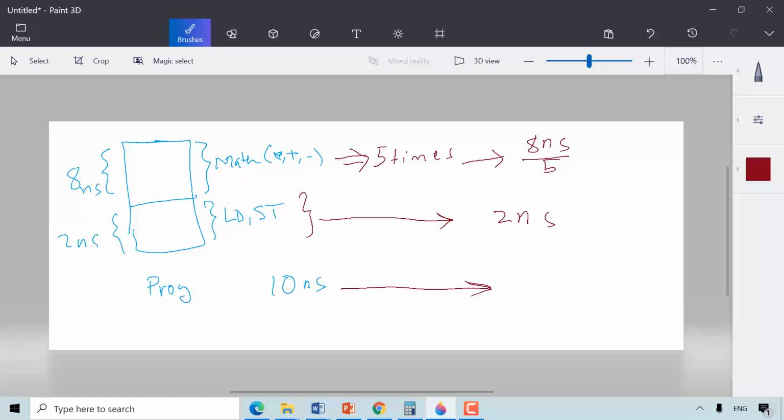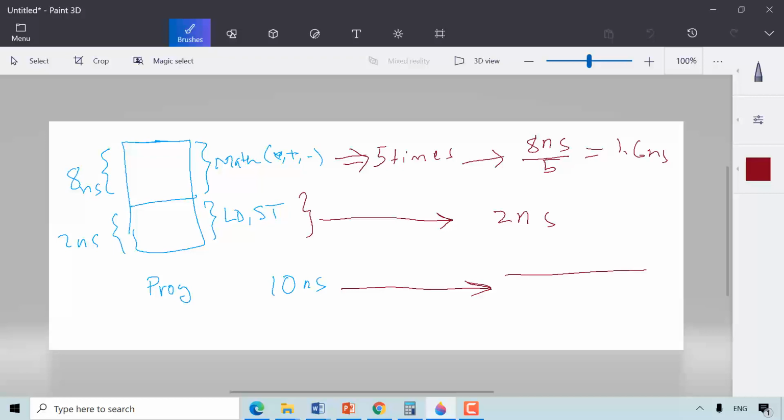What I have done is create this improved mode, which has improved the execution of the math instructions. So now this is 1.6 nanoseconds, and this stays the same at 2 nanoseconds.